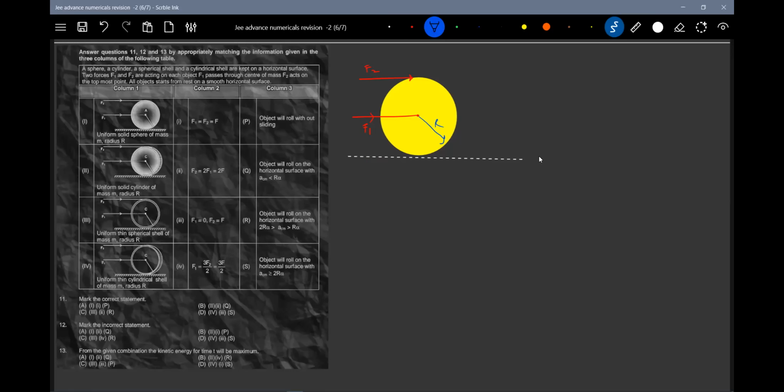Rigid body, moment of inertia about A will be considered like this. If you apply force at the highest point, this F2 I can bring here also. If you're getting confusion, assume that only force F1 is acting, friction will act backward. Then if you apply force here, the friction will be forward, and something is telling F1, F2. So I'll take a risk of assuming direction of friction backward.